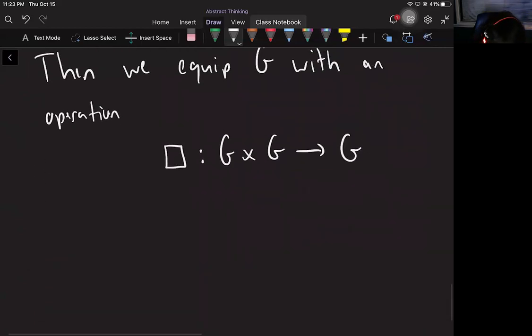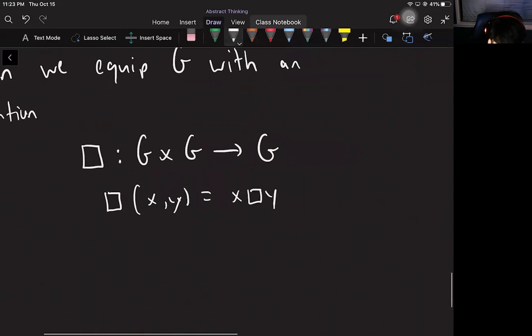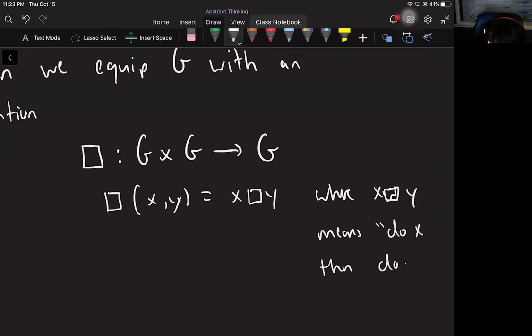So the way this will work is this will take in 2 elements of the set, and I just have to say in words what this operation is doing. So where this means do X, then do Y.